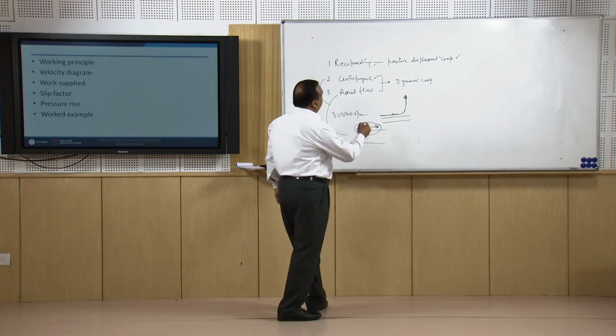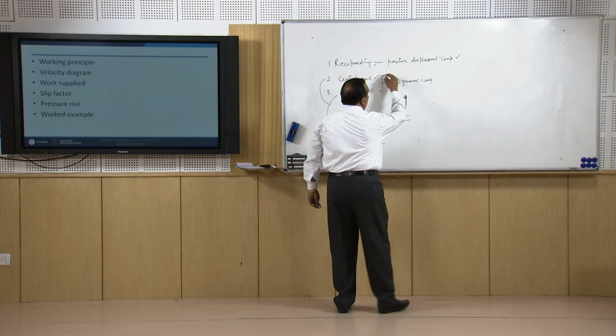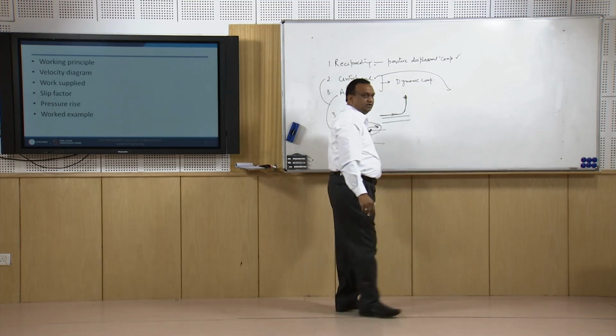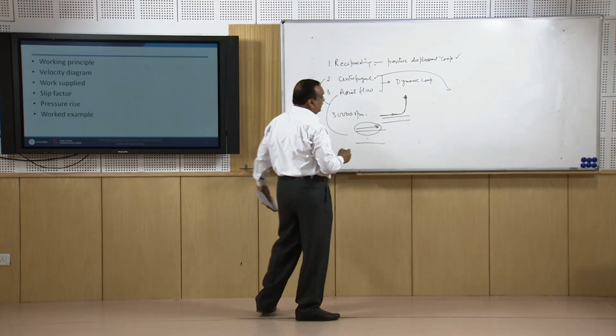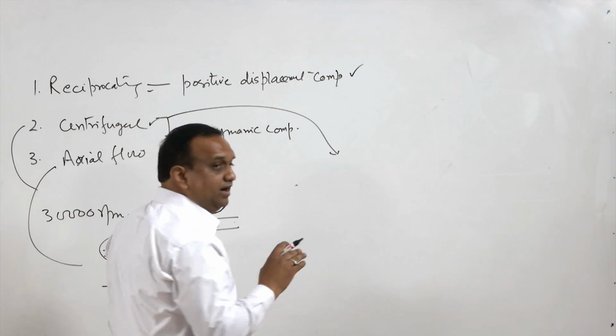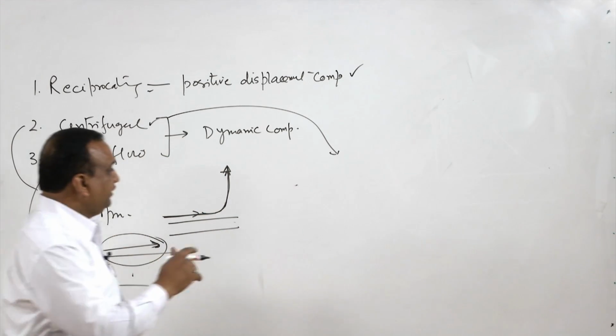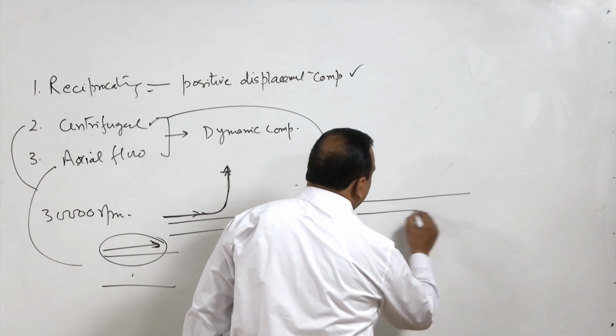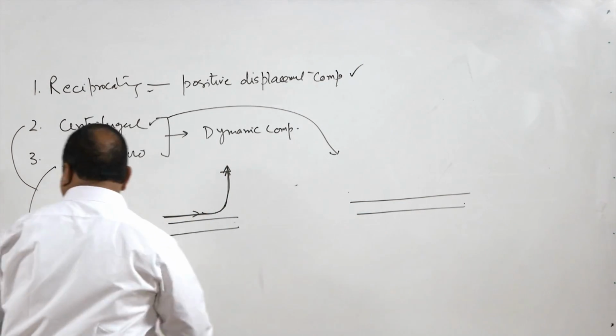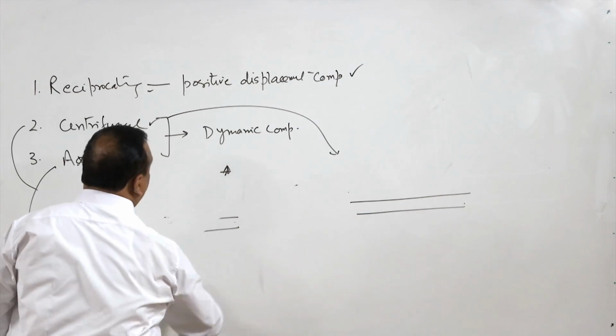Now, in centrifugal compressors, we will discuss in detail about the centrifugal compressors. The elements of a centrifugal compressor are, first of all, an inlet pipe which is connected. Suppose there is a shaft. First of all, I will draw the end view of a centrifugal compressor.